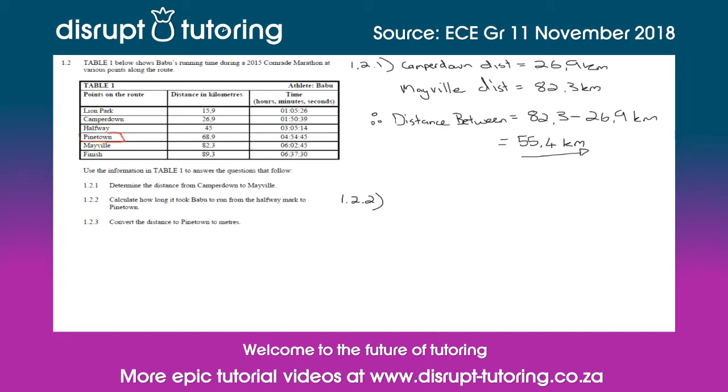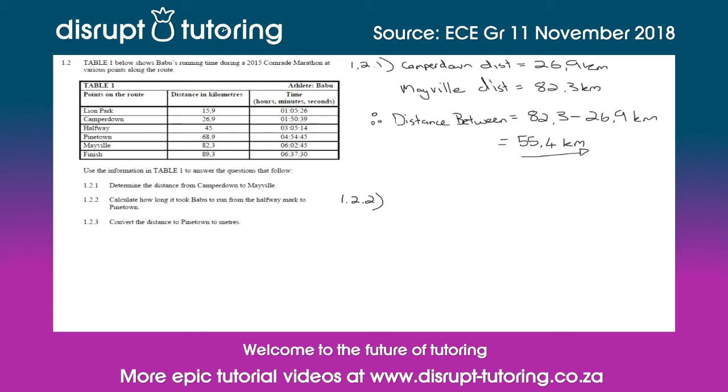And then Pinetown is over there, and he reached this point at 4 hours, 54 minutes and 45 seconds. So in order to find out how long it took him to get from point A to point B, we need to subtract point A's time from B's. So if we subtract this amount from this amount, we'll get the difference, and that's how long it took him to get from that point.